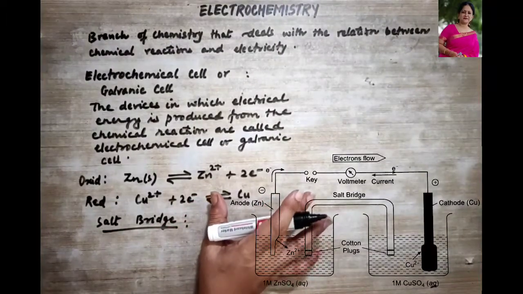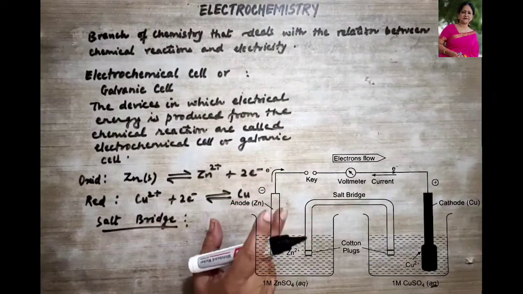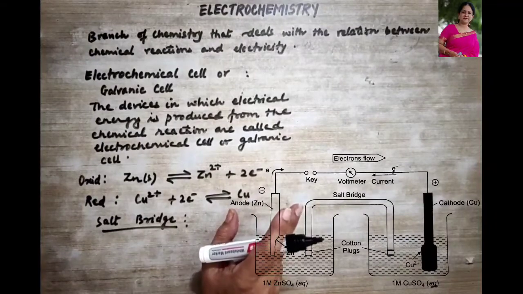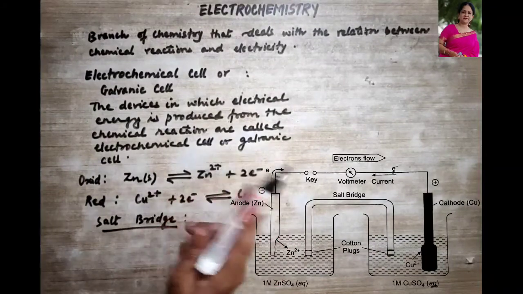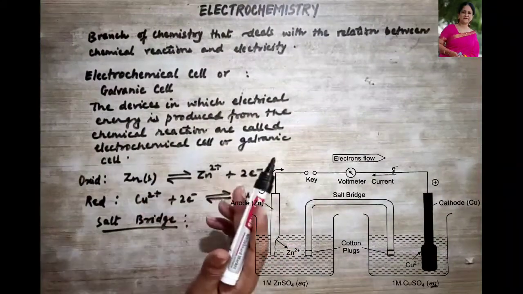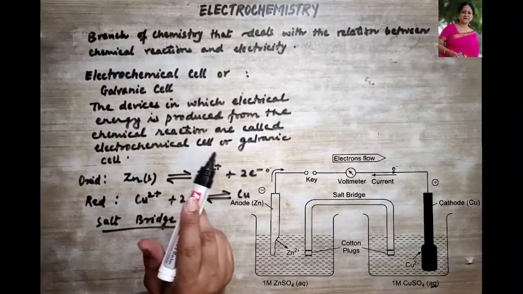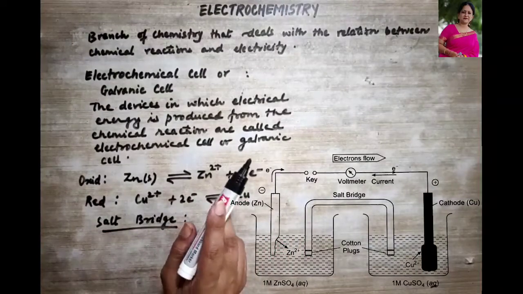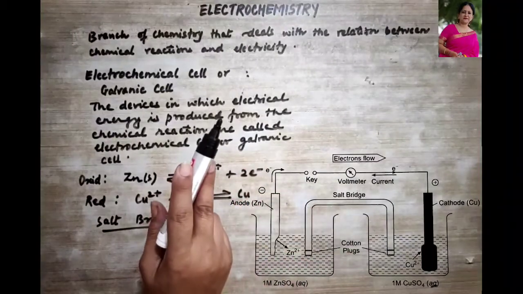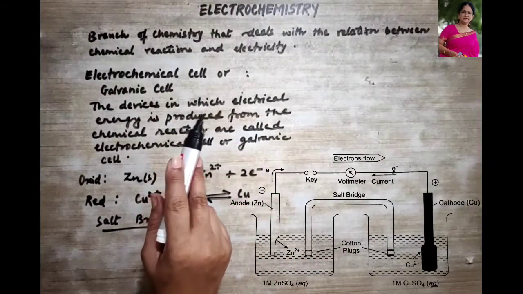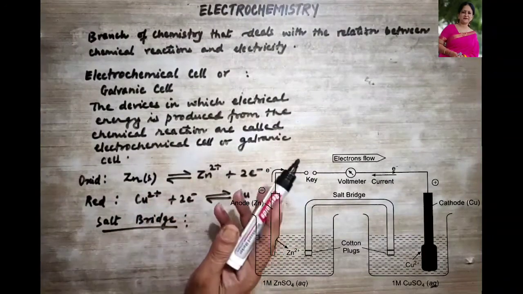Now when the circuit is completed by inserting the key in the circuit, the electric current flows through the external circuit as indicated by the ammeter there. Now zinc, which is acting as an anode, gradually starts losing its weight, right? And the concentration of zinc ion in the zinc sulfate aqueous solution starts increasing. Now what is happening with copper? Copper is getting deposited on the cathode, and the copper ion concentration in the solution is getting decreased.